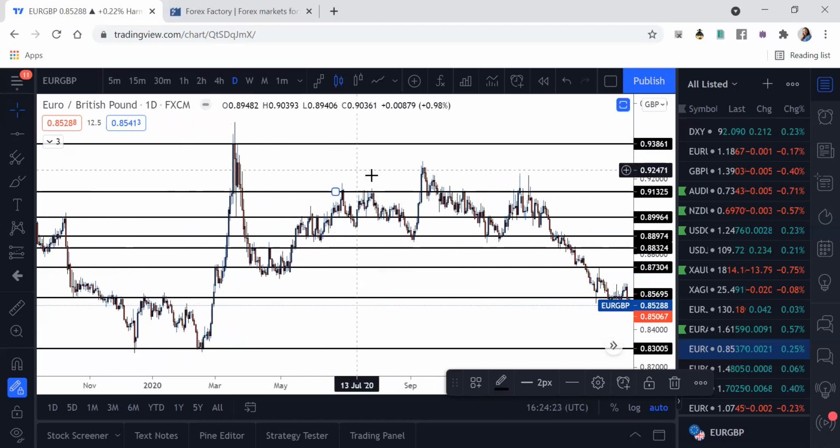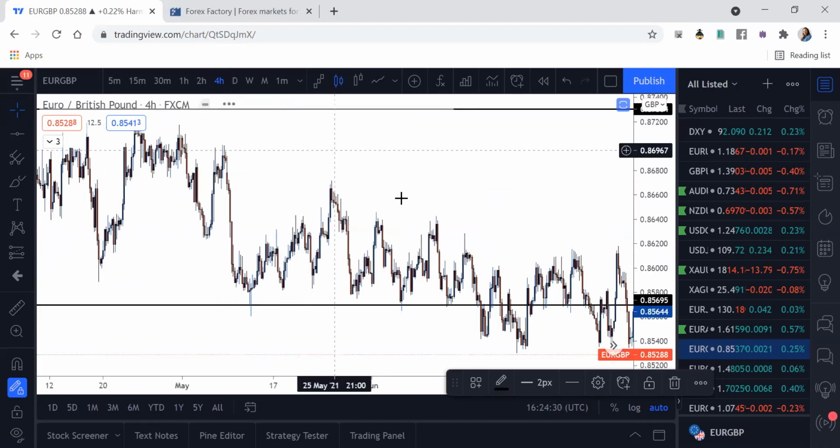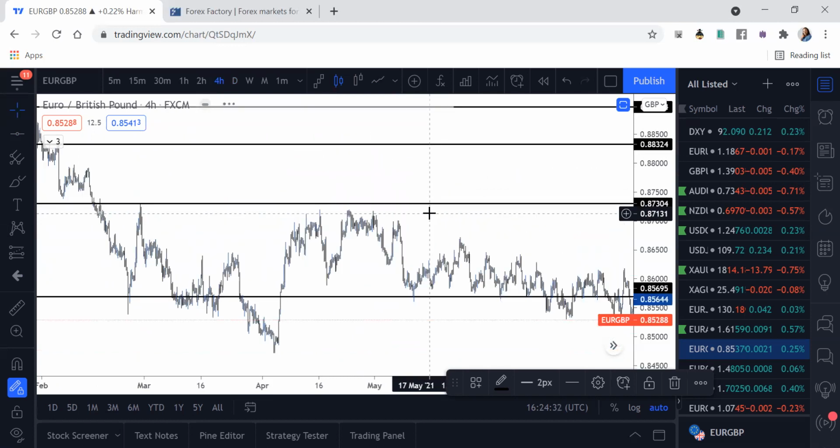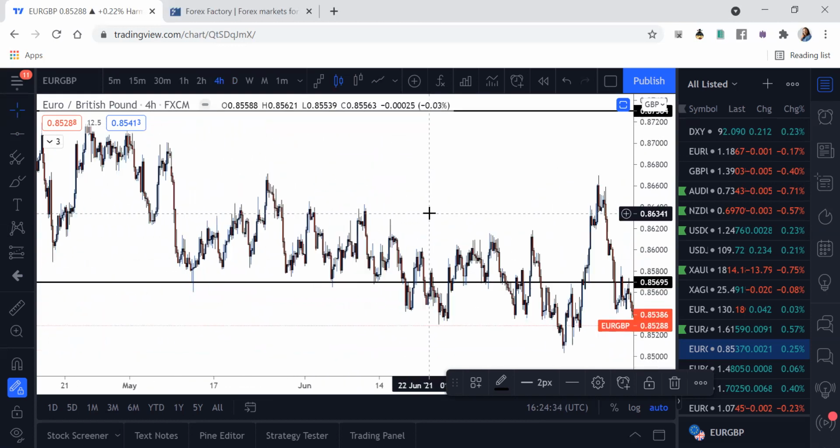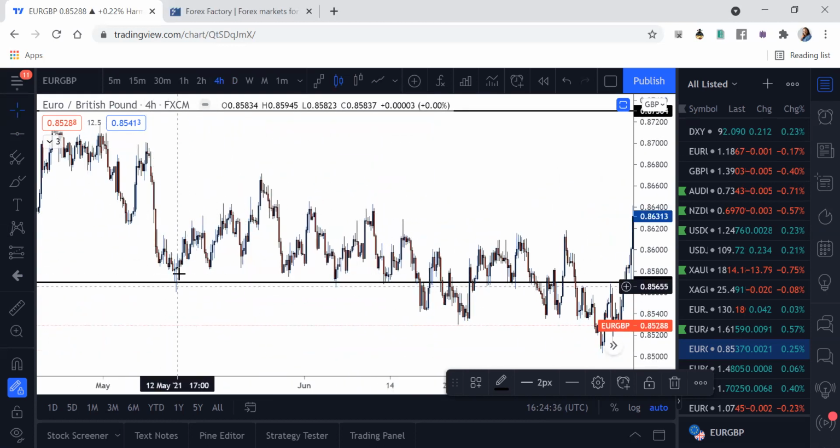All right. So if I come down to the 4-hour time frame now, you can start to see how price respected that zone. You can see every time price came to one of our support areas, how it basically tested it and moved off, right? So you can see that this is support.